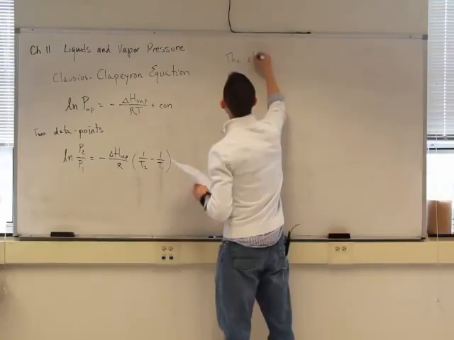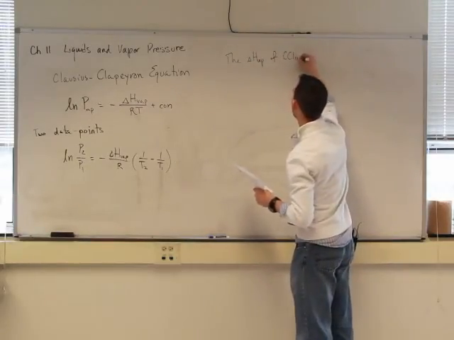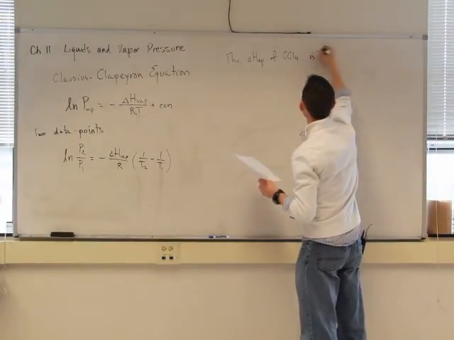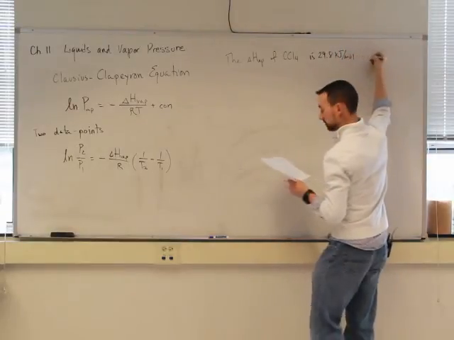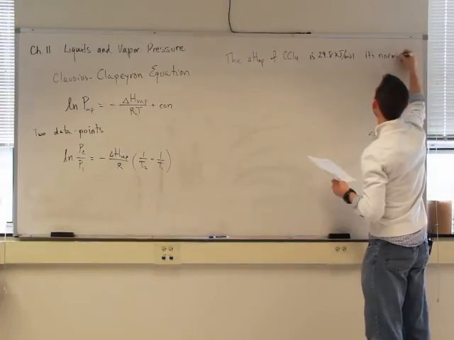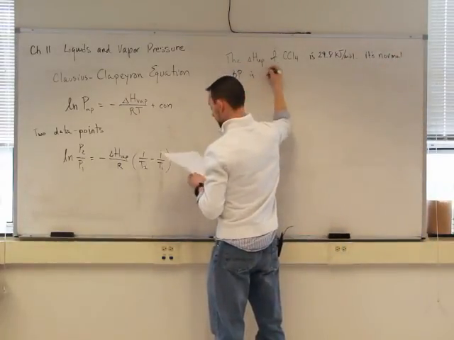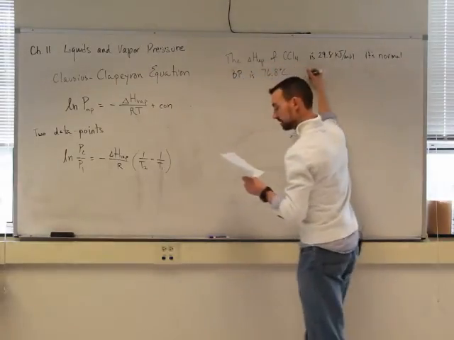The enthalpy of vaporization, the delta HVAP of carbon tetrachloride, CCl4, is 29.8 kilojoules per mole. All right? Its normal boiling point is 76.8 degrees Celsius.